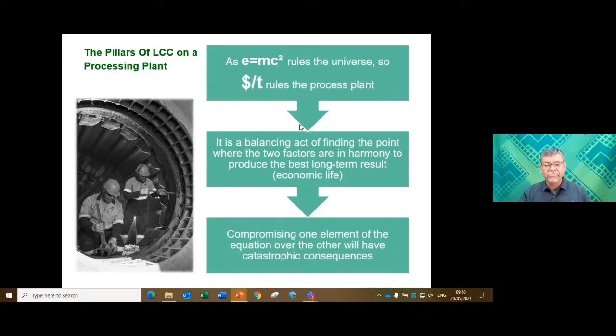When these two factors are out of alignment, or when one is favored at the expense of the other, you can be assured that you're looking at a catastrophic event that's going to happen soon. It's very important that these two elements are kept in balance, and we will expand a little on how to do that, and also how to stretch that to get the best possible, and maybe even improve that relationship.